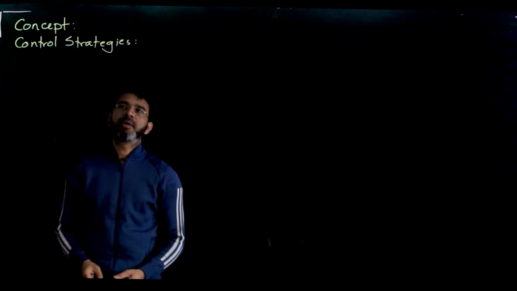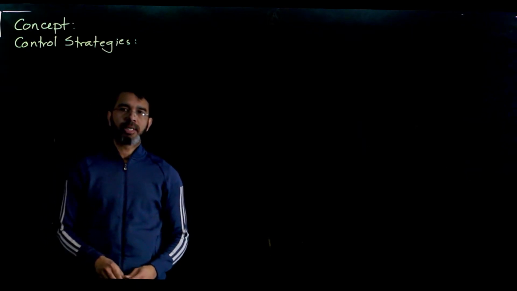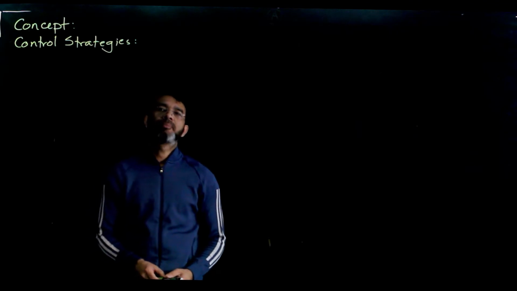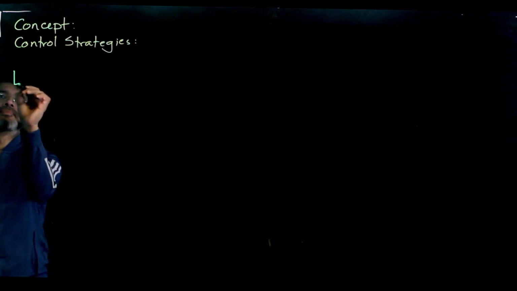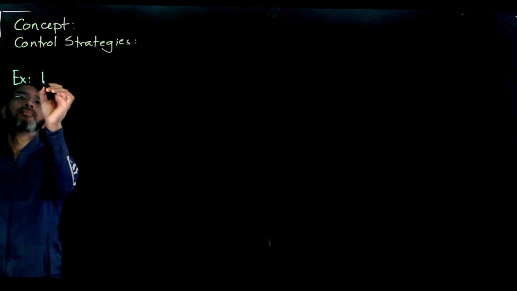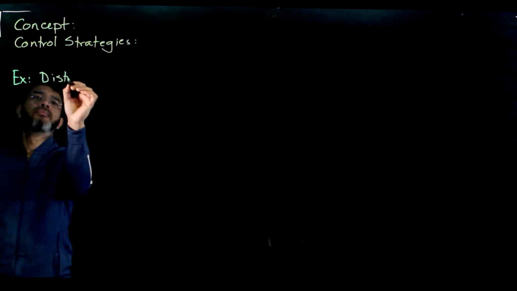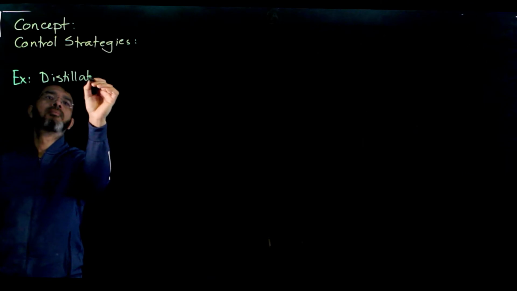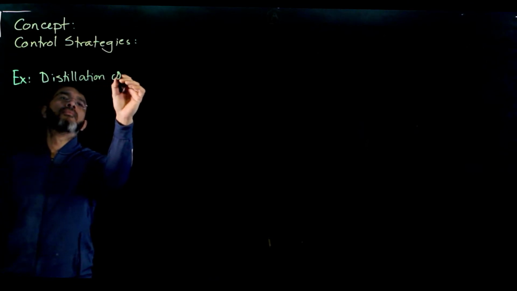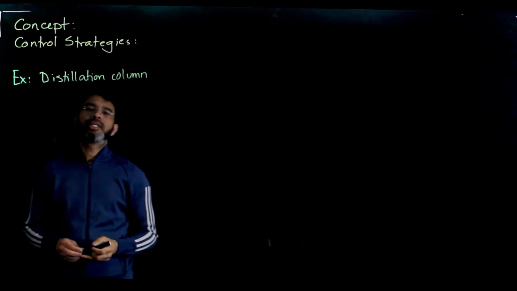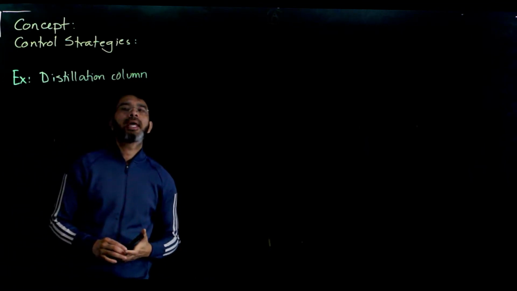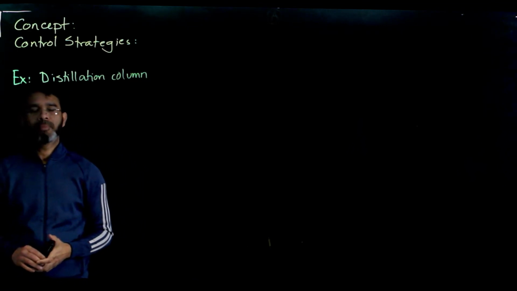Now in this lecture we covered the topic on control strategies, and we take the example of a distillation column. The distillation column can have a set of control problems.